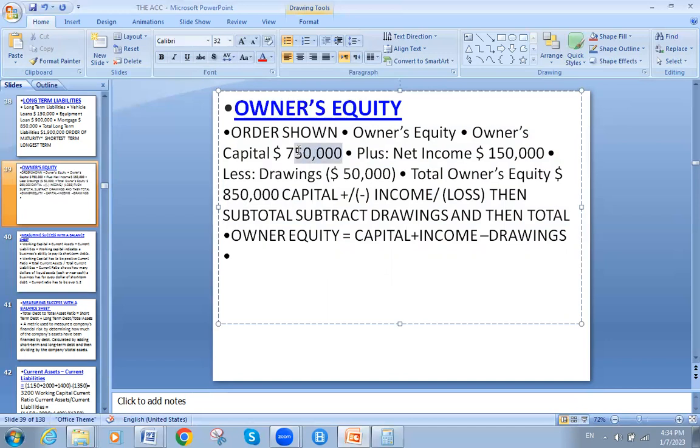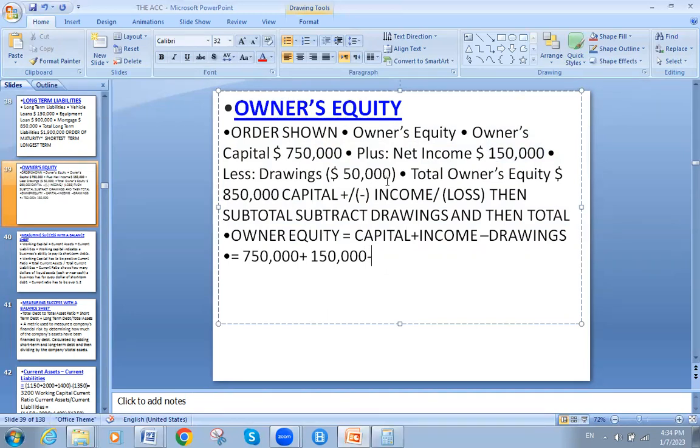I will take it like this, 750,000. So it will equal, plus the net income. The net income is 150,000. So I will take 150,000. Control C.